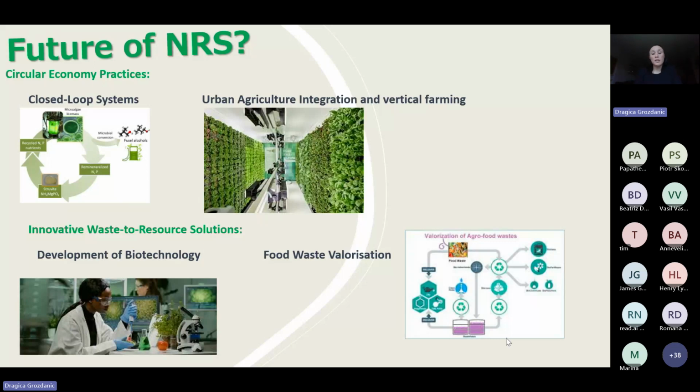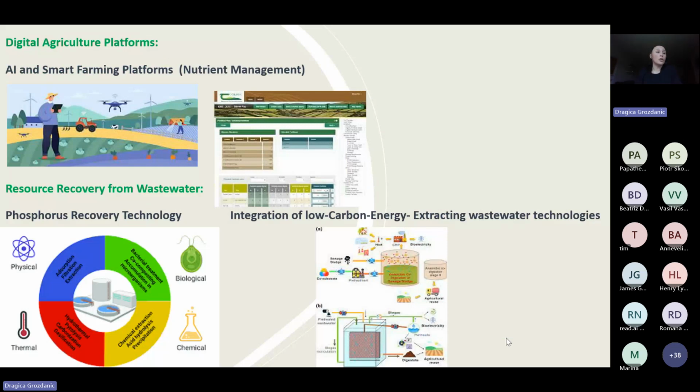In recent years, there is also a big focus on AI and smart farming platforms, such as, for instance, nutrient management platforms, but also one example is the Mainstream Bio toolkit. Resource recovery from wastewater includes phosphorus recovery technology and integration of low-carbon energy-extracting wastewater technologies.